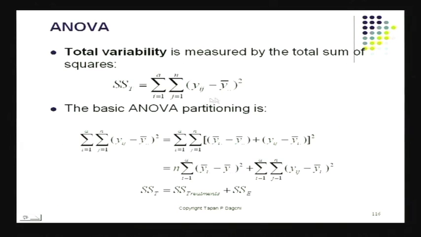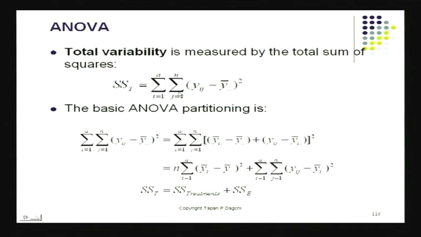Now this is my delta. This is my deviation, the deviation of the ijth data point, yij, minus the overall average. I square that because sometimes this deviation may be plus, sometimes it may be minus. So to sum them all, I end up with this summation.